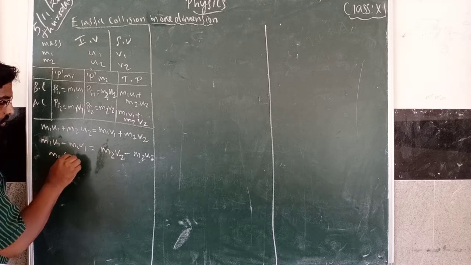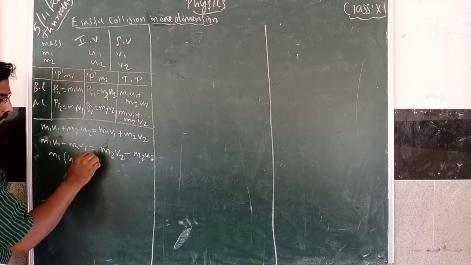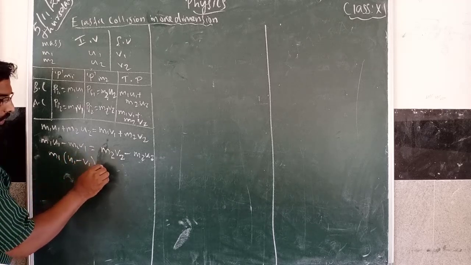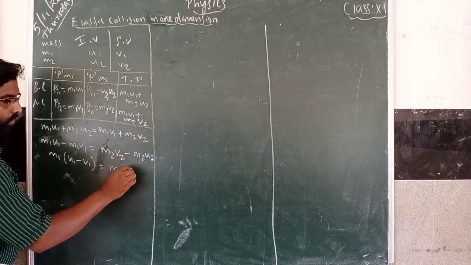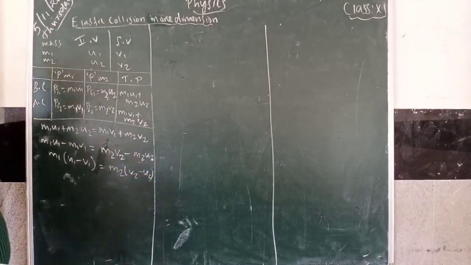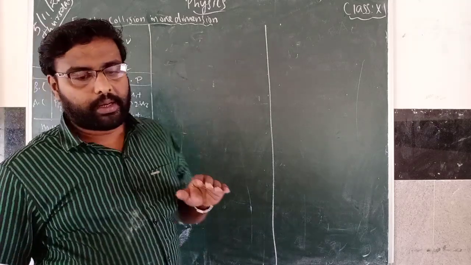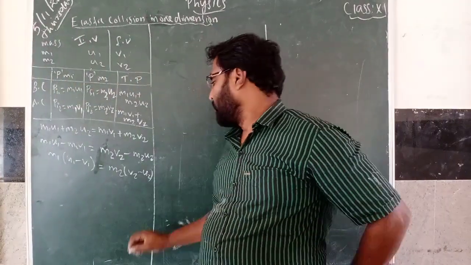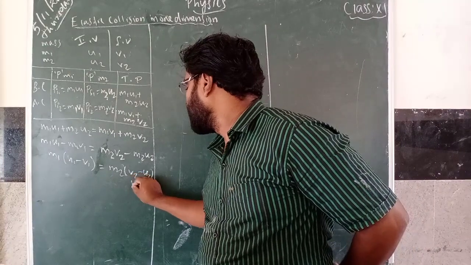So m1 into u1 minus v1 is equal to m2 into v2 minus u2. This is what you can keep as equation 1.